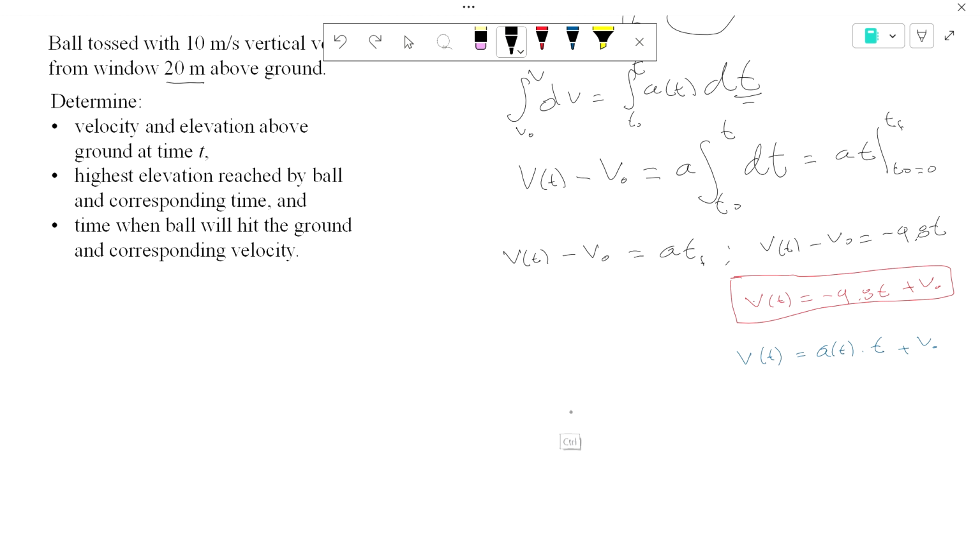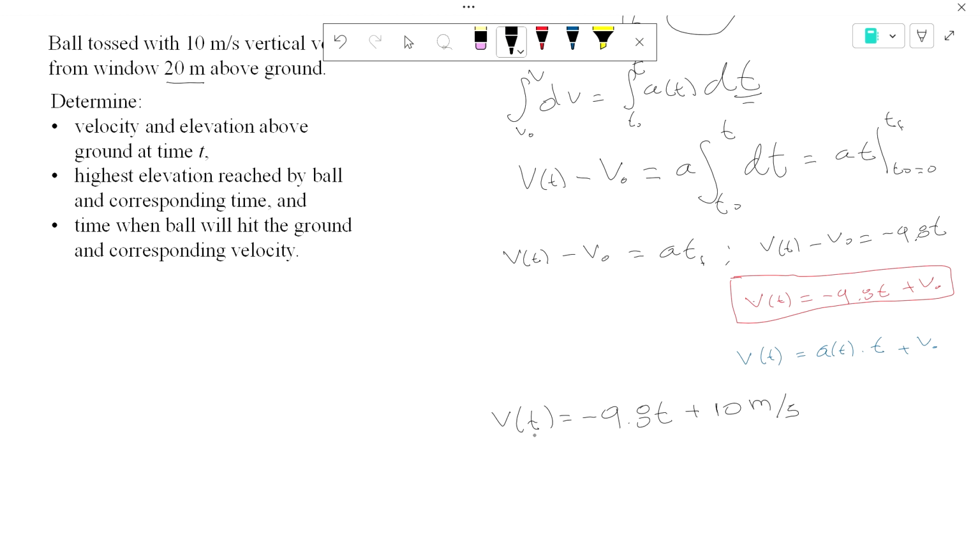We're not done with this. We know that the velocity as a function of t is equal to negative 9.8 times time. So this is the variable time, 1 second, 2 seconds, etc., plus 10 meters per second.